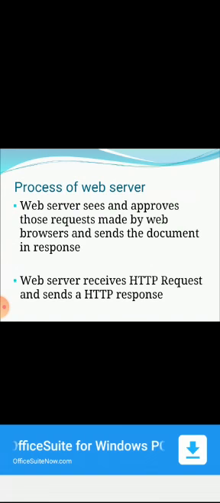Then the process of web server. The web server sees and approves those requests made by web browsers and sends the document in response. That's called the process of web server. It also receives an HTTP request and sends an HTTP response.